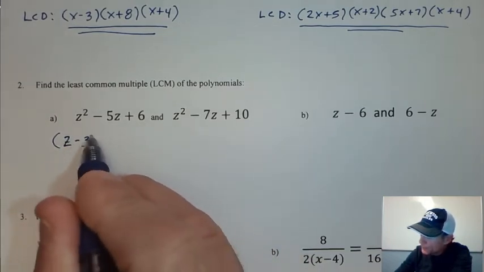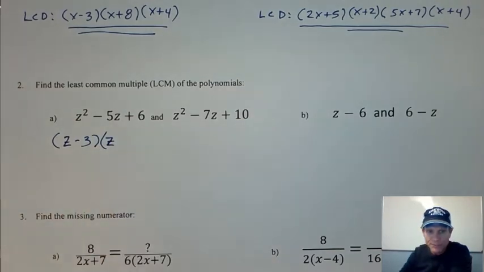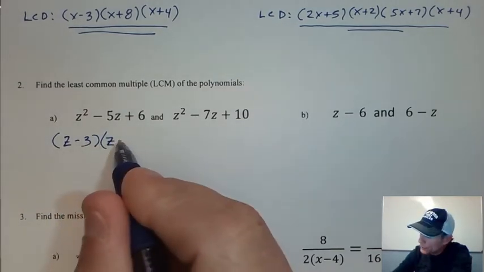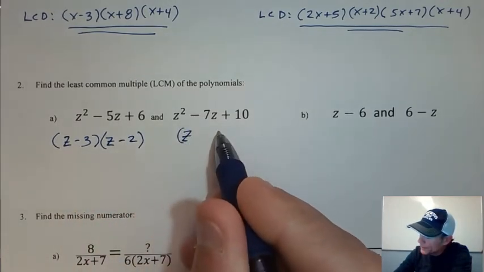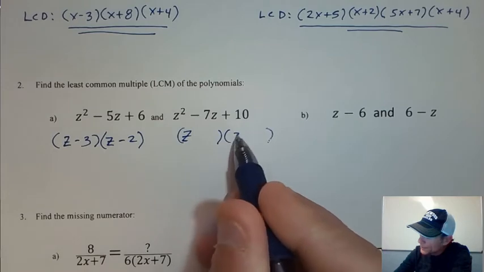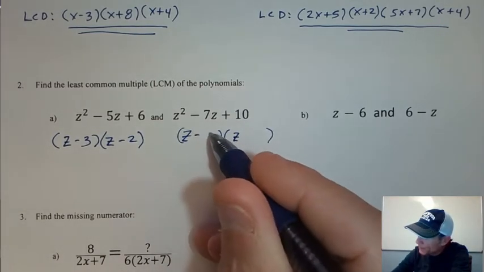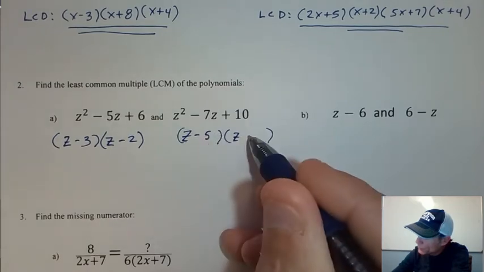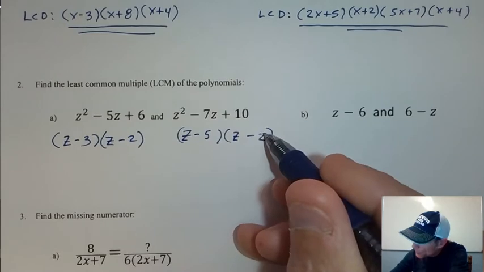I make my z's with a little cross through them, or else they look like 2's. So I have z minus 2. And then this is z and z. And I have minus 5 and minus 2. I see my 2's look a lot like z's.